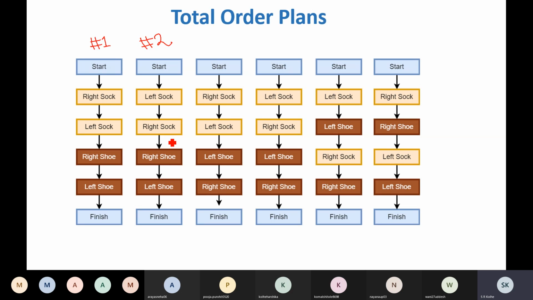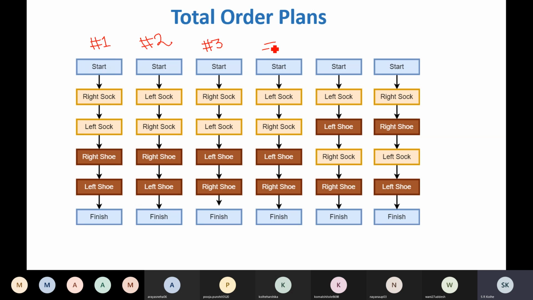The same goal can be achieved in a third way also. You wear the right sock, then the left sock, the same sequence as we followed in plan 1. But here we have changed the sequence of wearing shoes. Now first wear the left shoe and then the right shoe. No problem, that can be done. Still you will get left shoe on true and right shoe on true. So this is the third possibility.